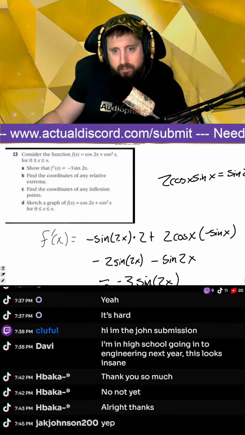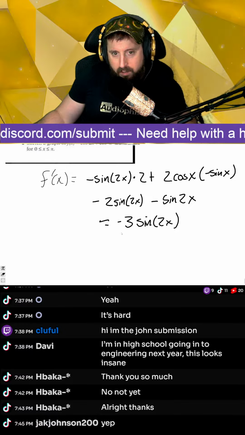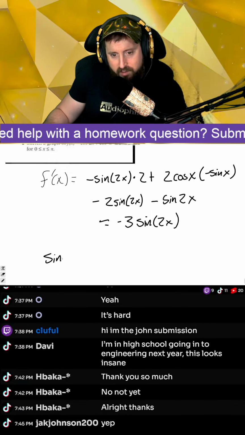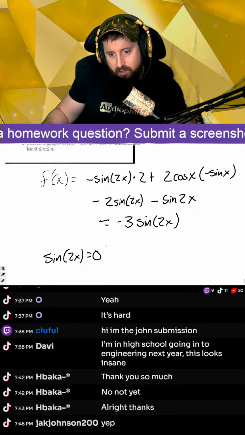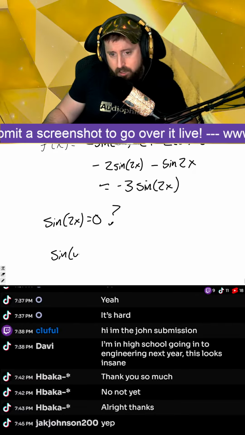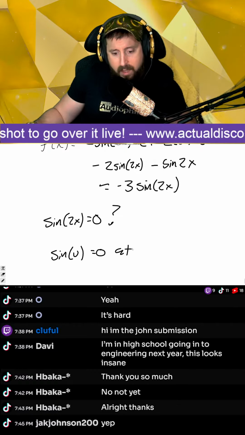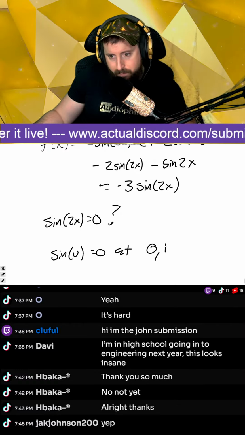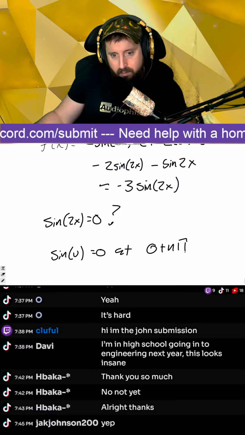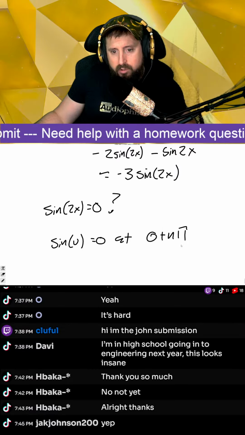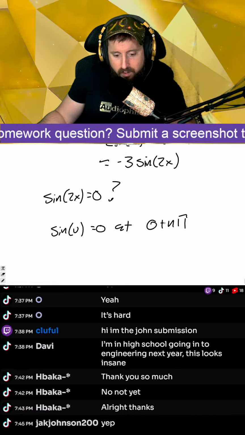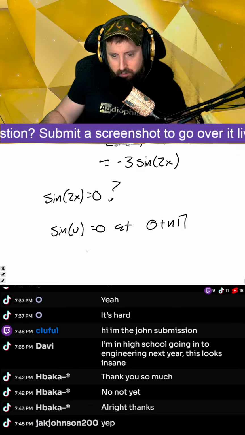Find the coordinates of any relative extrema. So I need to know when this is 0. I ask myself, when is sine of 2x equal to 0? Sine of u is equal to 0 at 0 plus n pi. So 2x is 0 at n pi, so x is at n pi over 2.